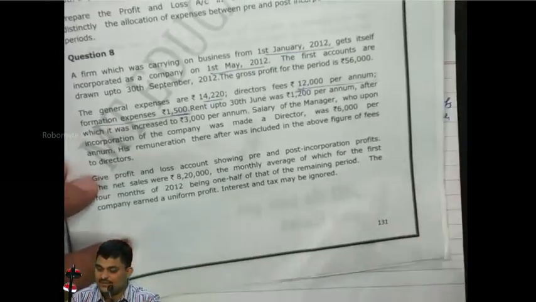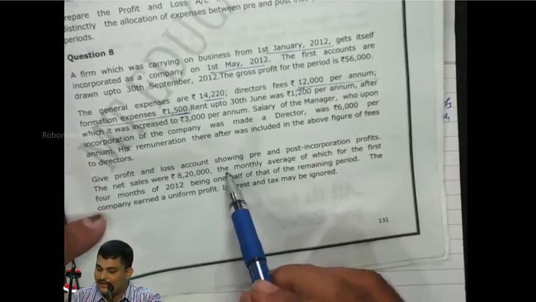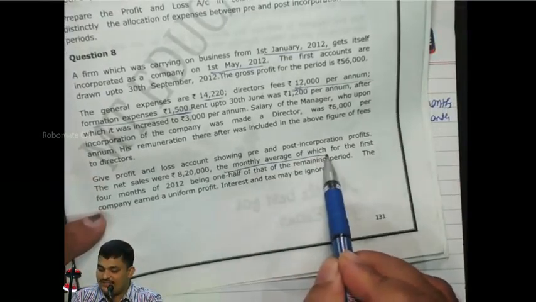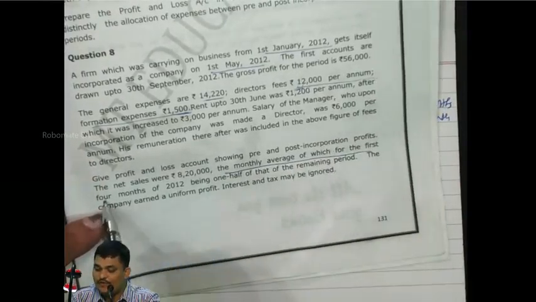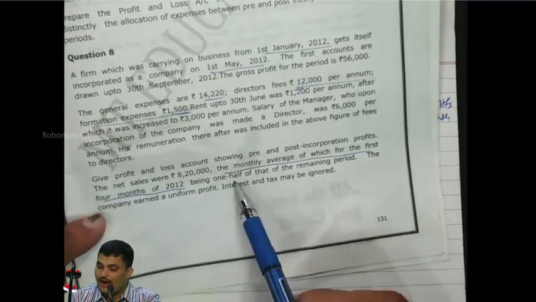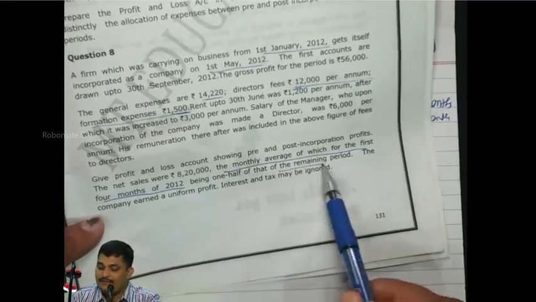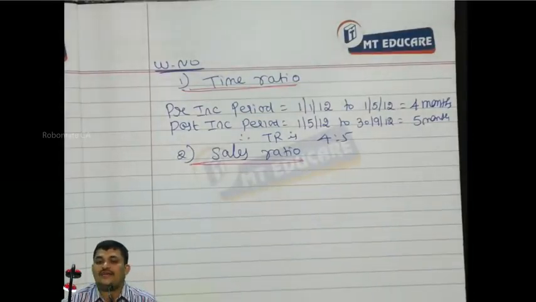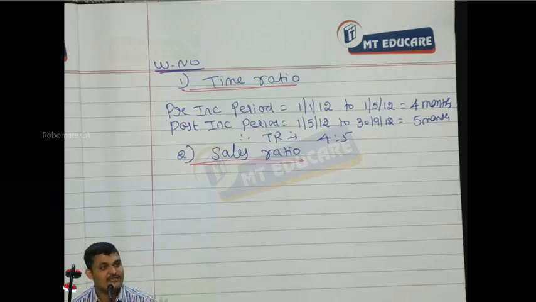Then for the sales ratio, how have they conveyed it? Please, at least from this question, learn how to analyze the information. The monthly average of which for the first 4 months of 2012 being 1/2 of that of the remaining period. So which means if from the 5th month onwards sale is 1, then in the first 4 months each month the sale is half.